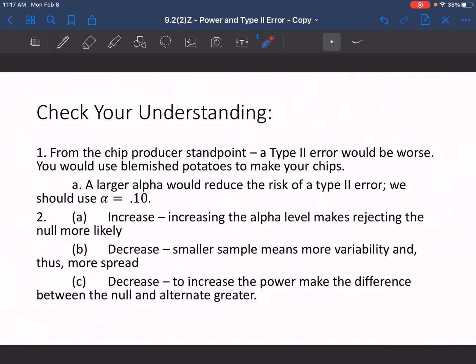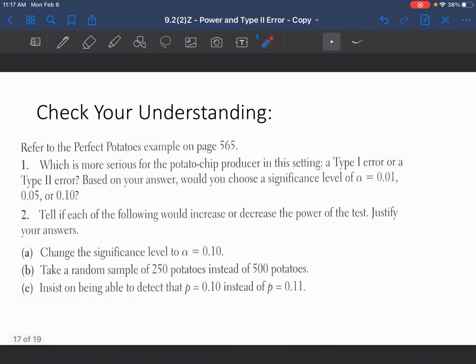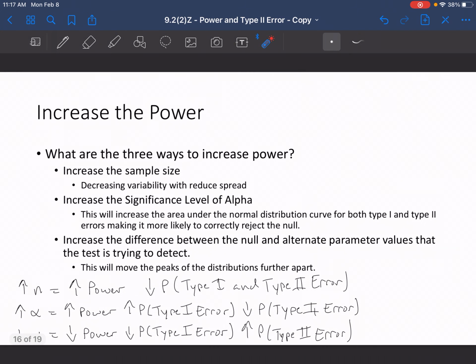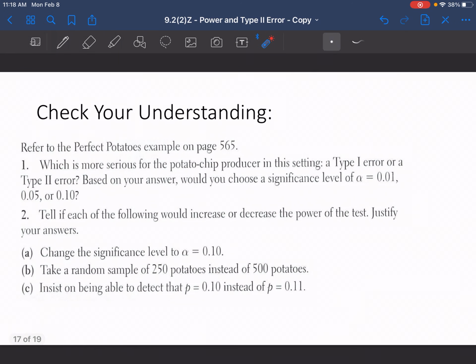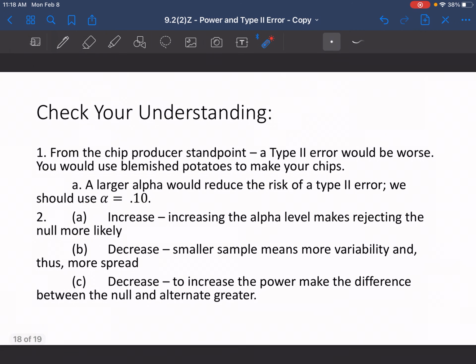For B, a smaller sample means more variability and thus more spread. So decreasing the sample size of the potatoes is also going to decrease the power, as well as increase the type 1 and type 2 errors. So that's really kind of not a good scenario at all. We probably want to make sure that we get as high of a sample as we possibly can in this case.